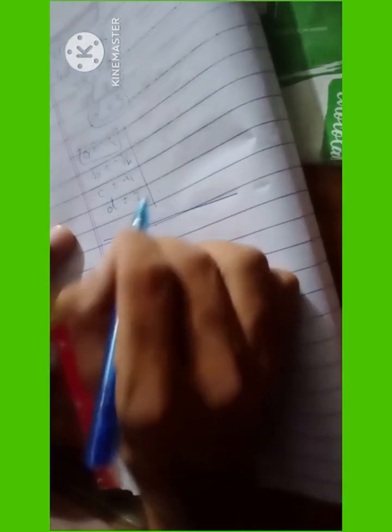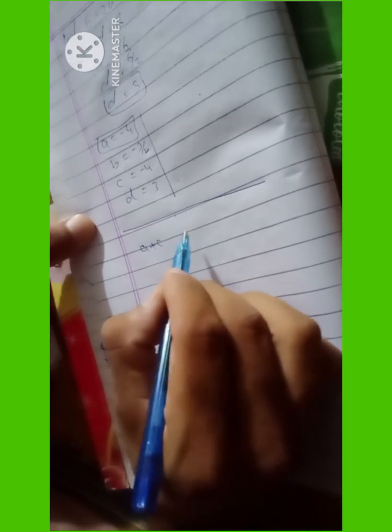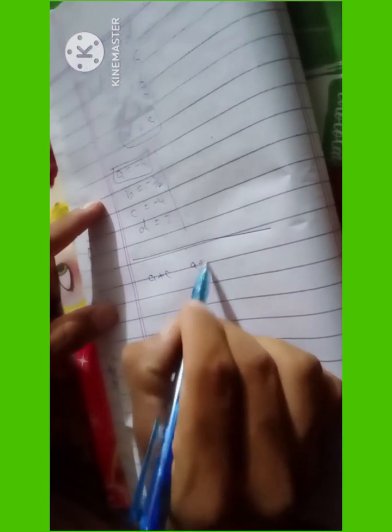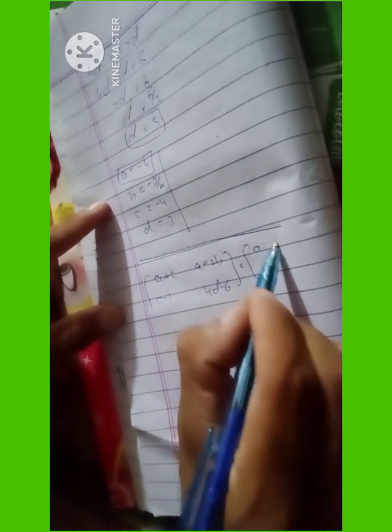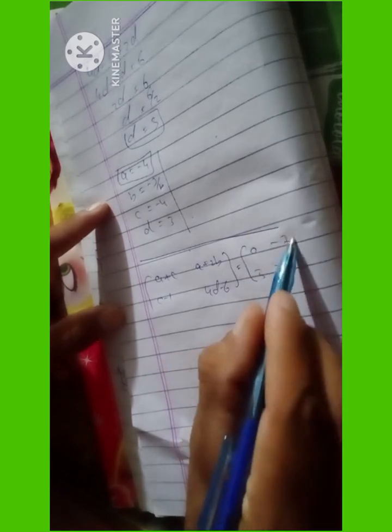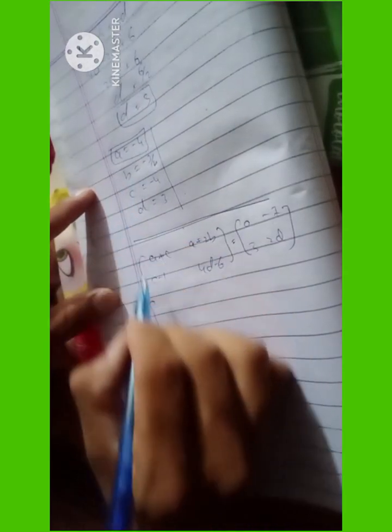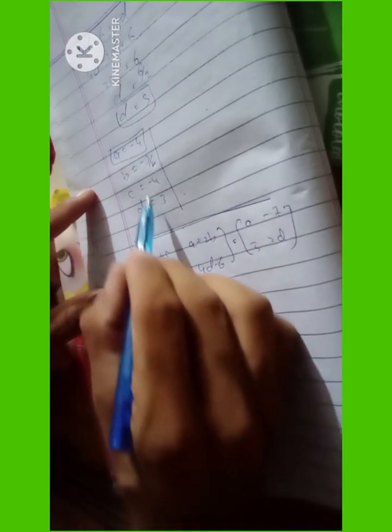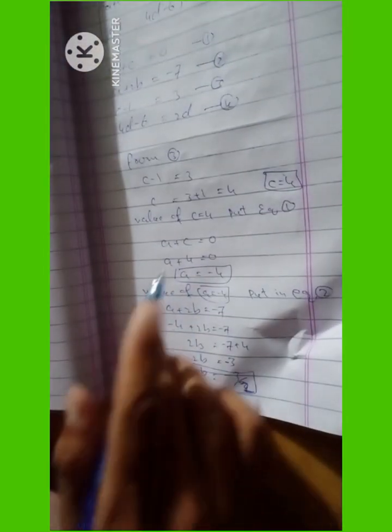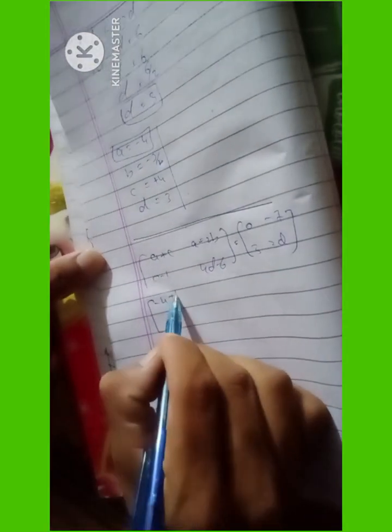वैसे जहाँ तक हमारा क्वेश्चन कंप्लीट हो चुका है, हम दोबारा लिखेंगे: A plus C, A plus 2B, C minus 1, 4D minus 6, ठीक है. ये इक्वल है 0, minus 7, 3, 2D के, ठीक है. इसके अंदर हम वैल्यू पुट कर देंगे. A की है -4 प्लस C की वैल्यू पॉजिटिव 4, ठीक है.